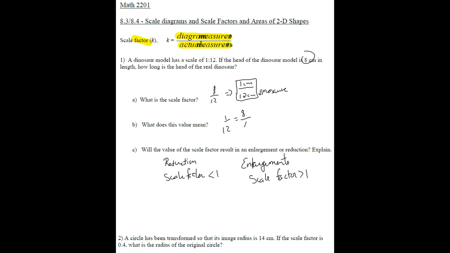We don't know how long the actual figure would be, so what we have to do here is cross multiply. So 1 times x is x, and 8 times 12 is 96. So on a model, something that you represented by 8 centimeters in length is really 96 centimeters long on the real dinosaur.